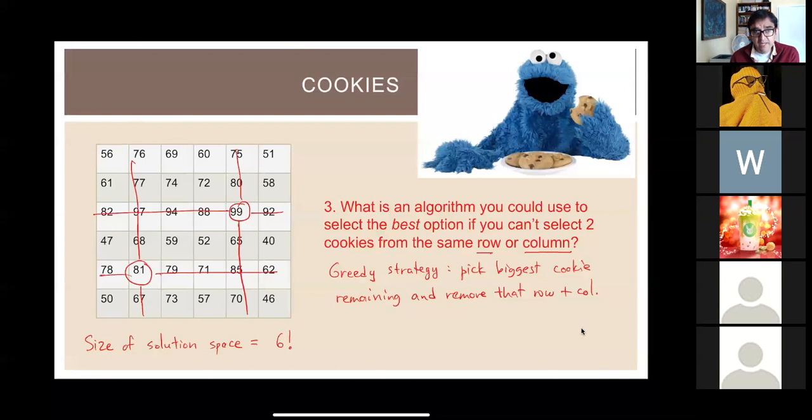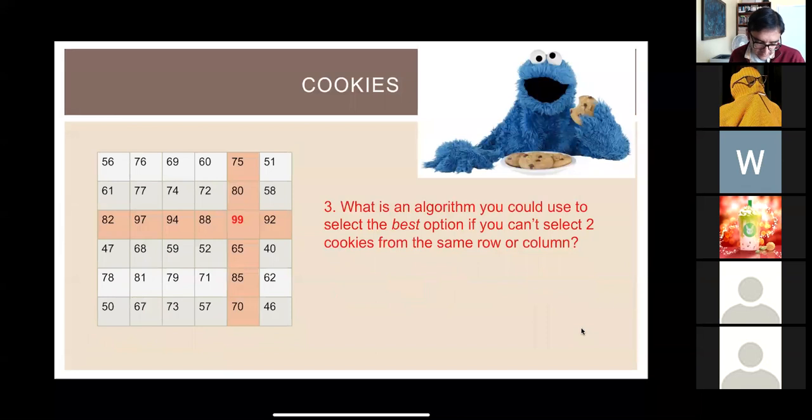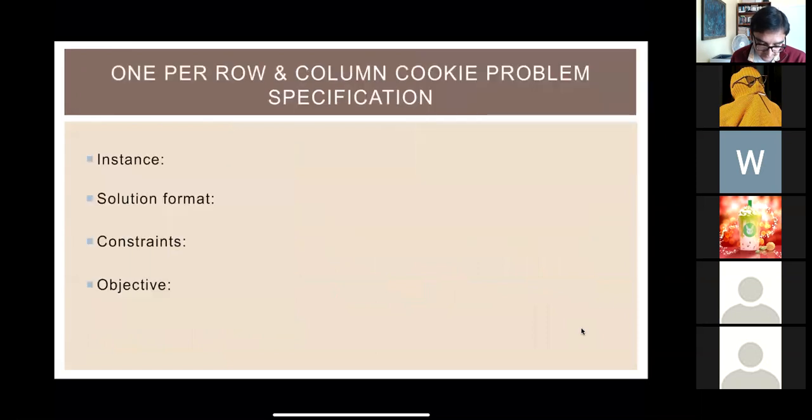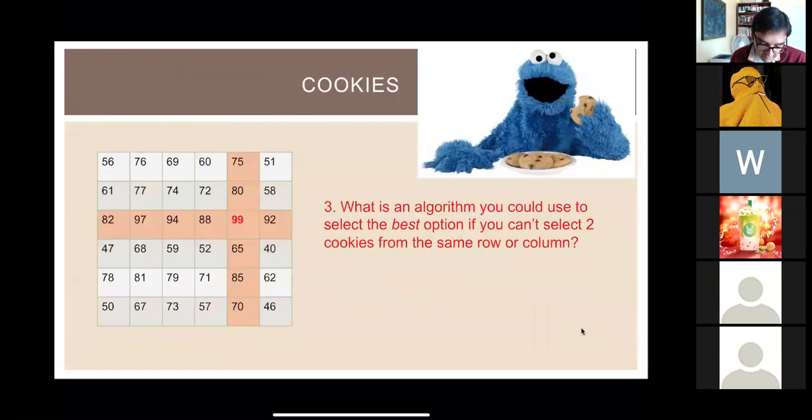Is this going to give us the best solution? Yeah, somehow I don't have a good feeling about this. Okay, so let's go. So you start by picking 99. You eliminate that row and column, and then you keep going.